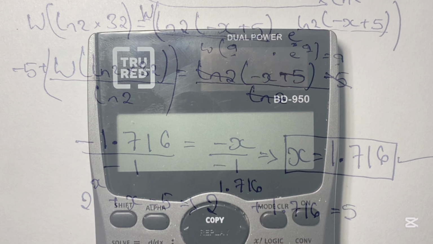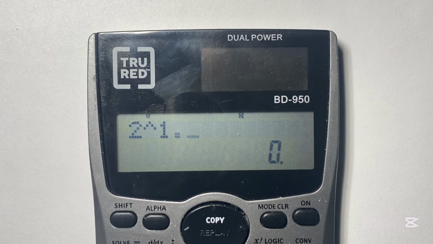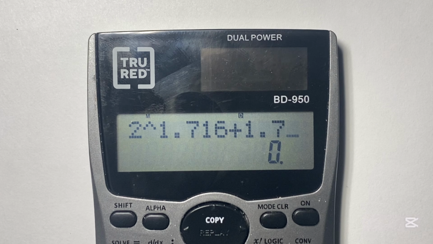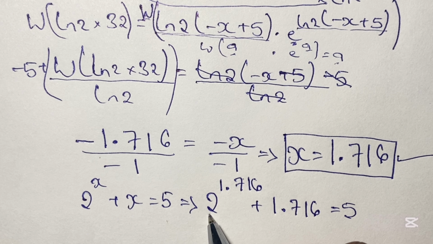And now let's use our scientific calculator to verify this. And there we have it. We can see that x is indeed equal to approximately 1.716.